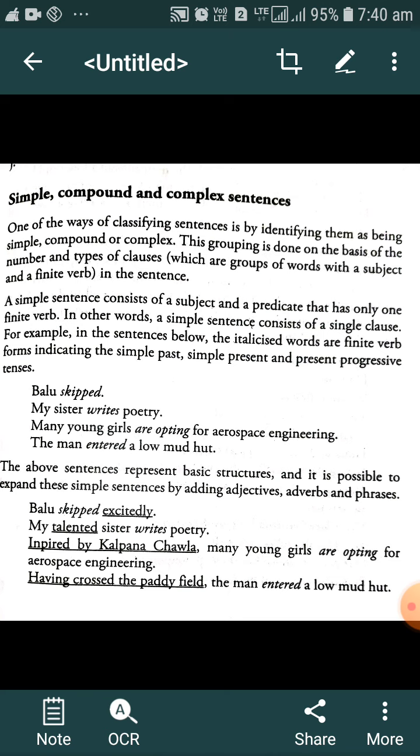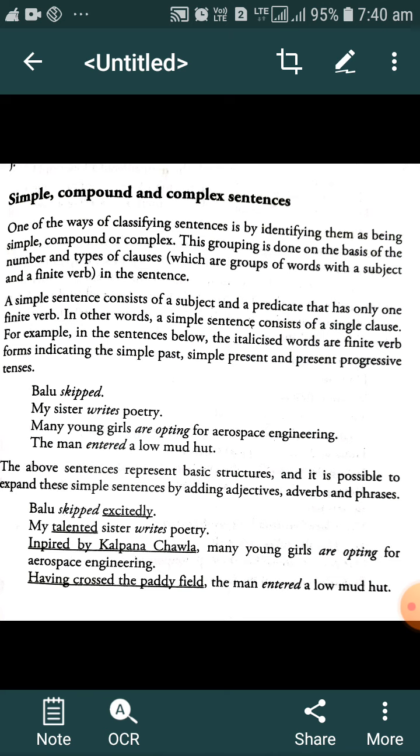So while studying simple sentences, we have to keep in mind that a simple sentence consists of only one finite verb and one subject. We can expand the basic structure of that simple sentence by adding adverbs, adjectives, and phrases.